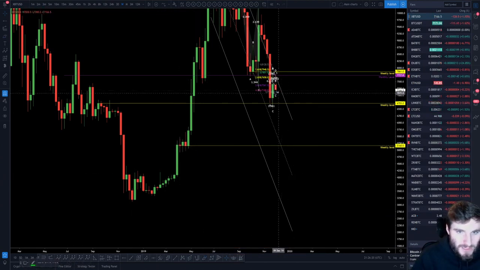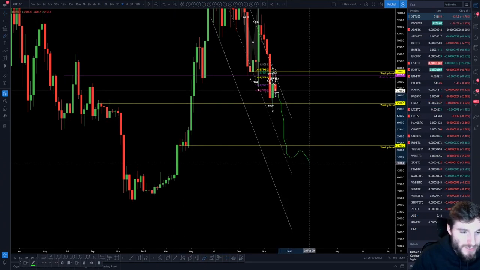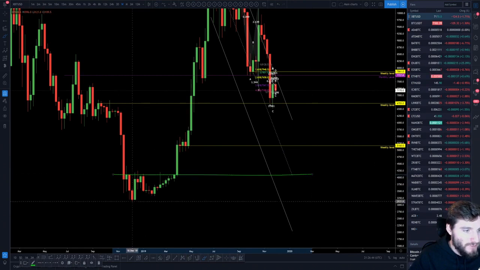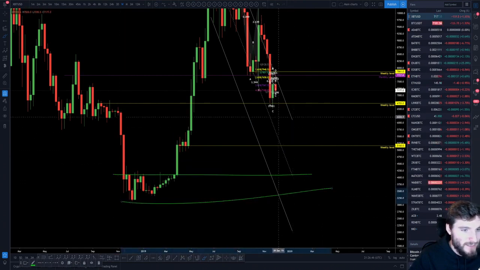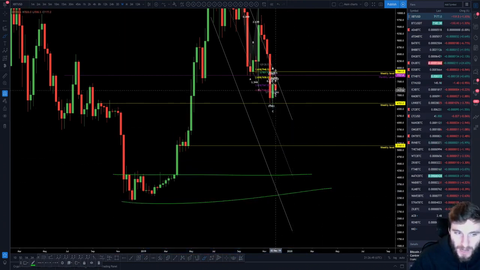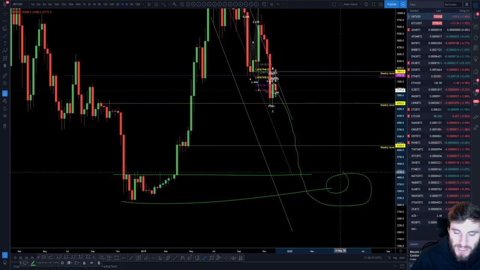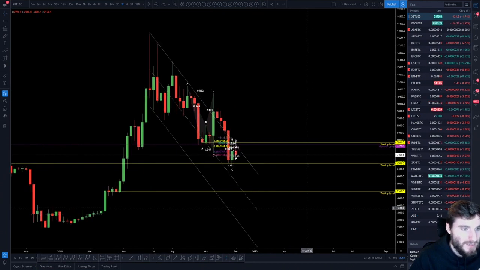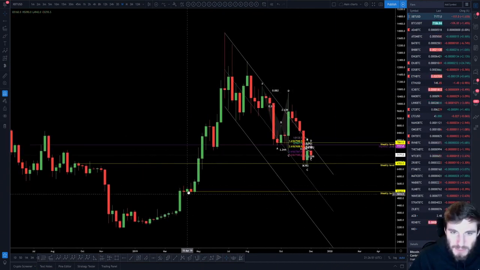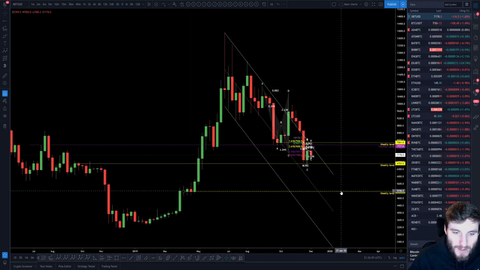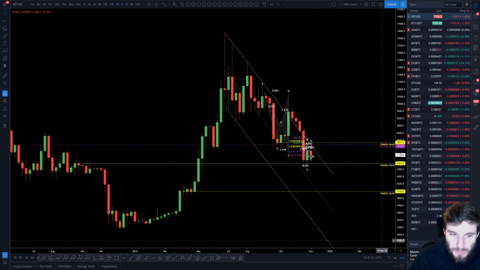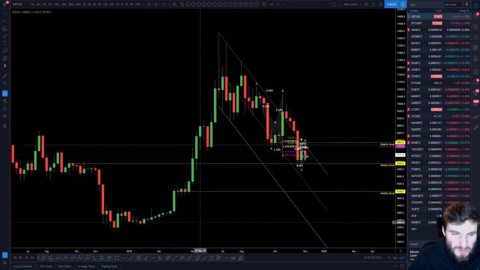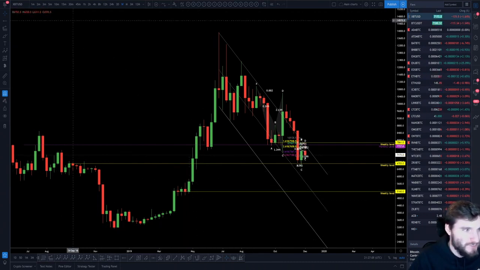If you lose this, let's just say the worst case scenario, it's really likely that you're coming down much lower. But obviously you've got this standing in your way, so it's kind of pointless me saying what's going to happen in 6 months time. It's good to have an idea of where we can expect reactions, but I can't say whether we're going to bounce off 5,100 and go down to 1k, because you need to see the reaction off of each level.